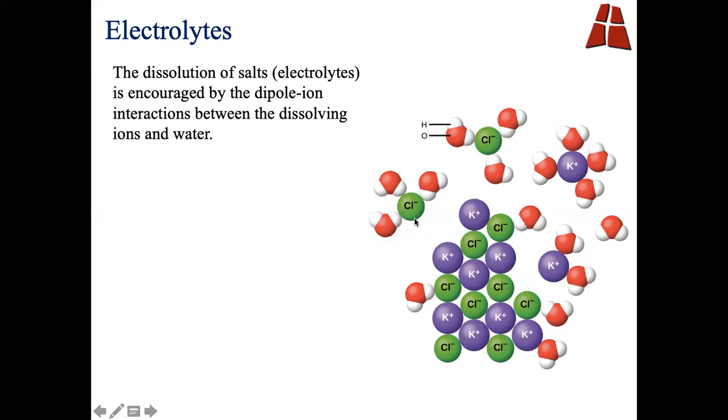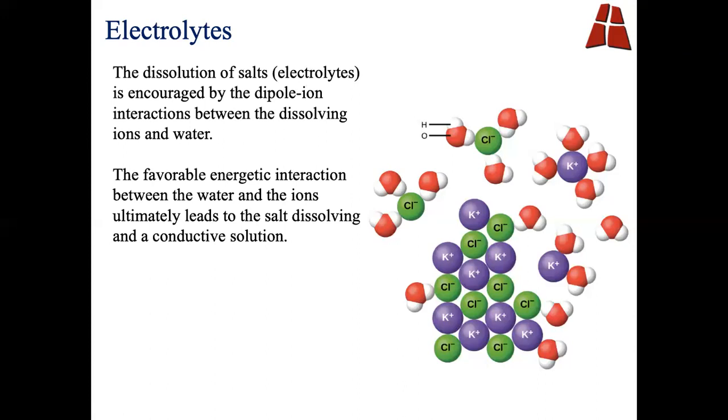As it dissolves, we then basically have a hydrogen bond interaction with our ion, which would make this an ion-dipole intermolecular force interaction, right? And so the partial positive of the hydrogen would interact with the negative of the chloride, and then the partial negative of the oxygen would interact with the positive of the potassium, okay?